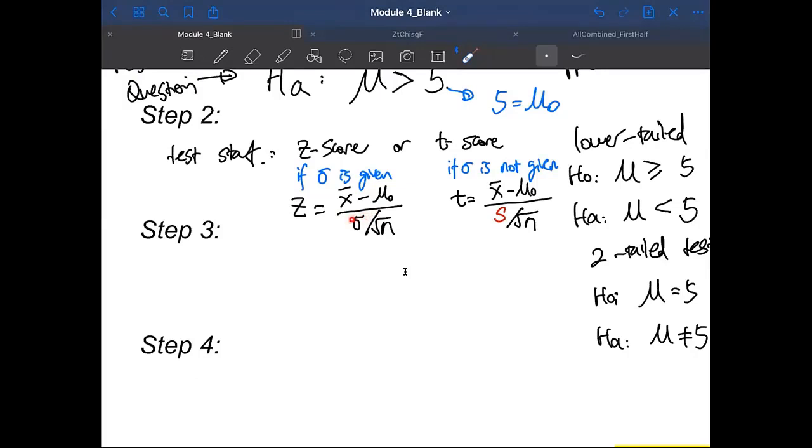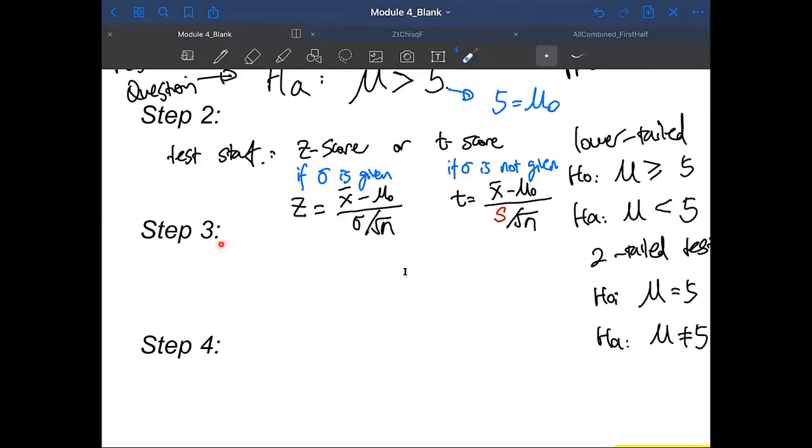If it's very far away from the null, very different from 5, your z-score is going to be huge, and then you have a lot of evidence against the null. That's the ultimate spirit of hypothesis testing. You just compare your evidence with the mu 0 value you established. It could be 5 or some other value, whatever value you try to compare with.